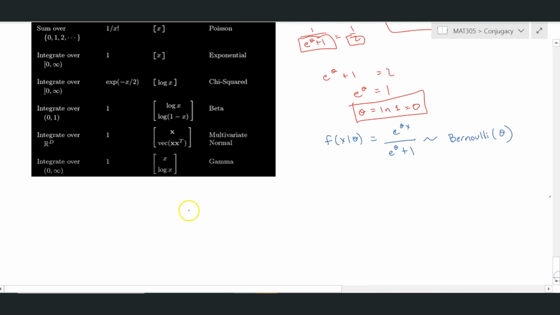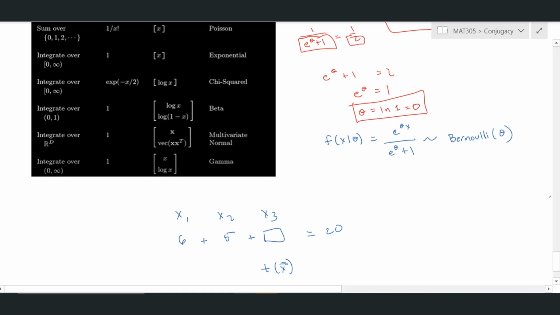As another example, suppose that we had information on, say, 3 random variables, and maybe what we knew for a fact was that these had to sum to 20. That x1 plus x2 plus x3 had to sum to 20. Well, in this case, what would be your t of x, your sufficient statistic?